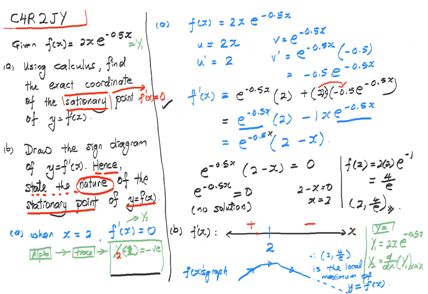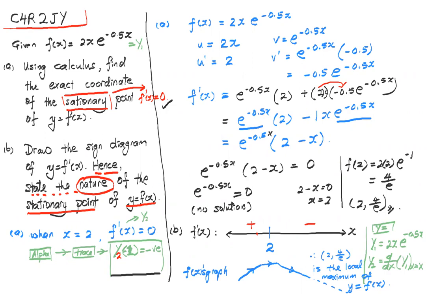Are you okay, everyone? So what is the purpose of us drawing the sign diagram of f prime x? Can someone answer me? So that we could understand what the stationary point means. No, to see whether the function is increasing or decreasing at a certain point. Correct. Some more?